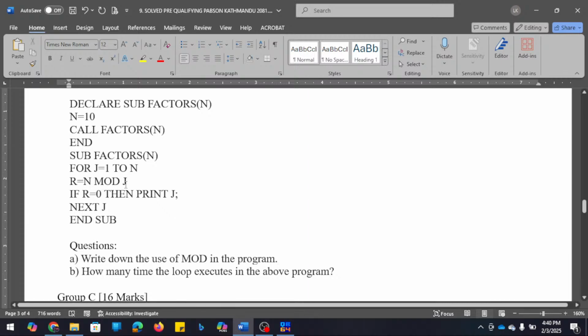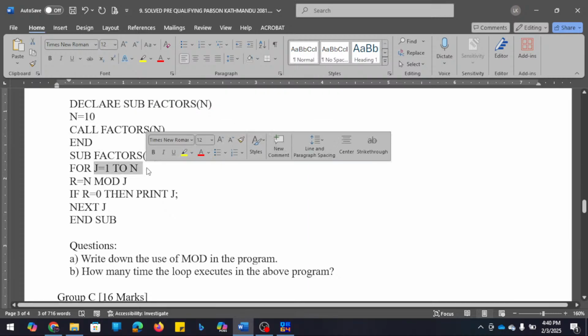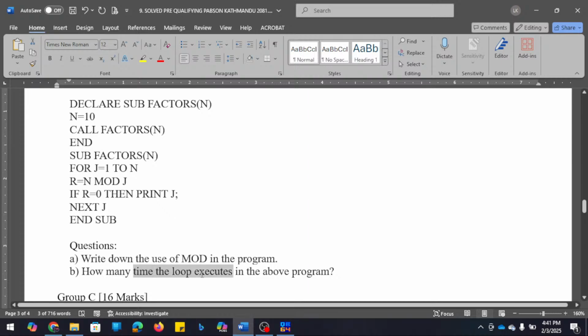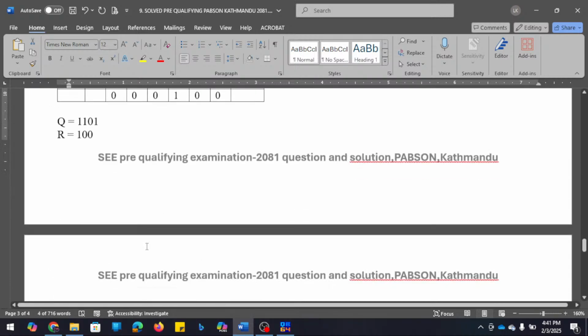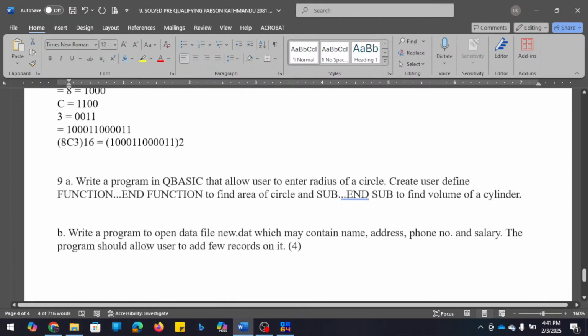How many times does the loop execute in the above program? Since n is getting the value 10, the loop runs 10 times. So these are all calculations we can do very easily.